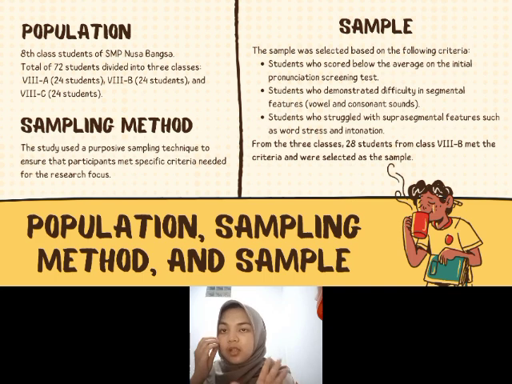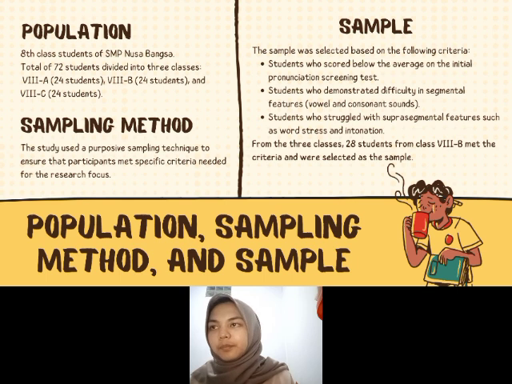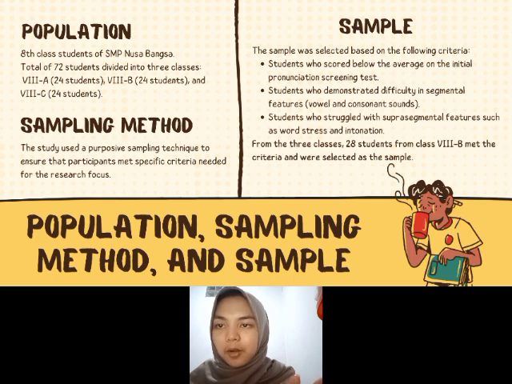This level was chosen because 8th graders are at a crucial stage of developing pronunciation skills. For the sampling method, the study used a purposive sampling technique to ensure that participants met specific criteria needed for the research focus.